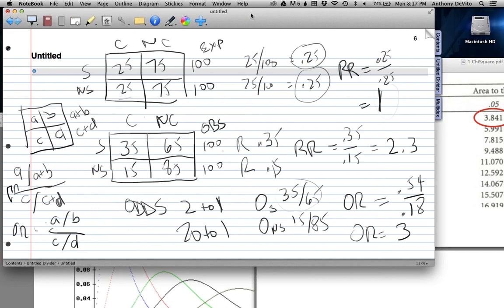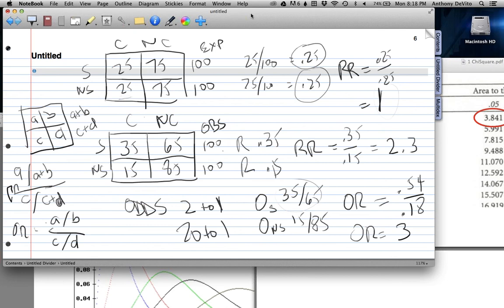If I told you that my result for my relative risk was 2.3, but the confidence interval is 0.8 to 4.2. Well, what we're saying is that within my 95% confidence interval, there is a chance that it could be 1. But what does it tell you if it's 1? The population relative risk. It tells you there's no difference between the two groups, right?